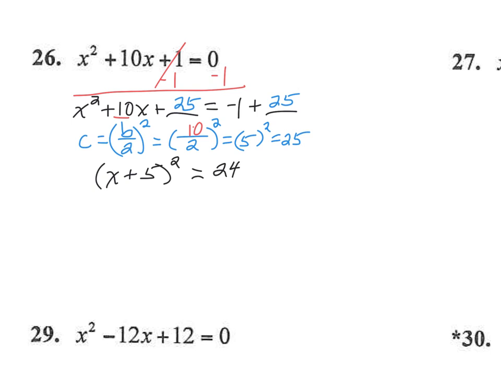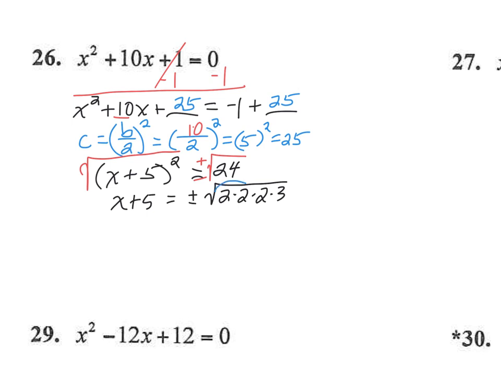And so now we're going to do what we did on question number 23, and we are going to take the square root of both sides. Don't forget to do plus or minus over here. So I get x plus 5 on the left equals plus or minus, and I'm going to prime factor 24, which is 2 times 2 times 2 times 3.